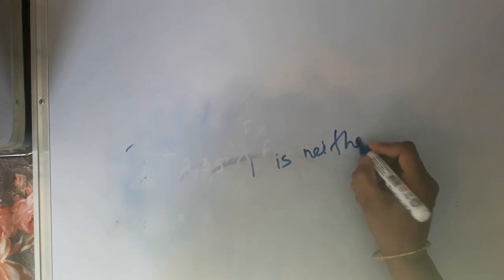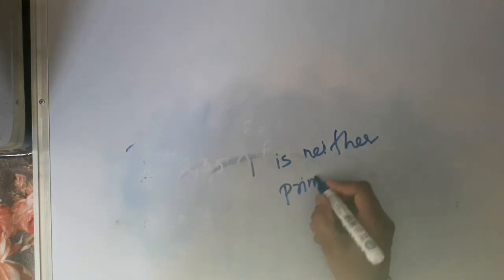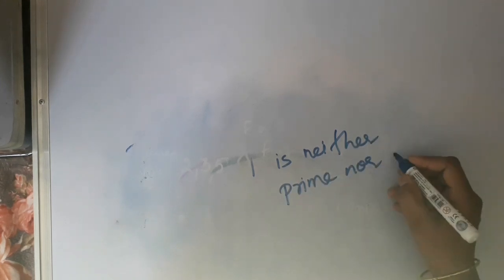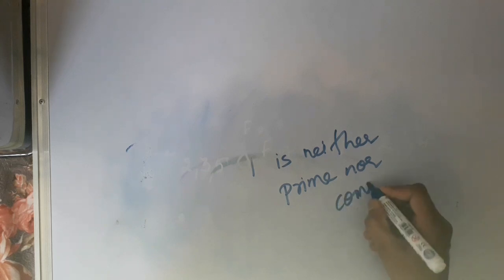Yes, there is a method, the sieve of Eratosthenes. Through it you can find all prime numbers starting from 2. Remember that 1 is neither prime nor composite. It is a special number. Fine?